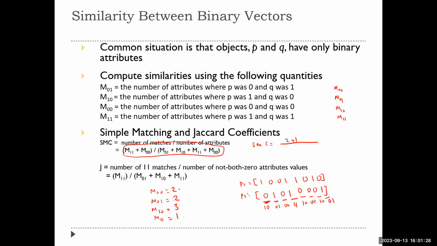In the denominator, I have all of them, which is actually the number of columns: 2 plus 2 plus 3 plus 1. So it is 3 over 8. That's the simple matching coefficient. This means that 3 out of 8 columns match.